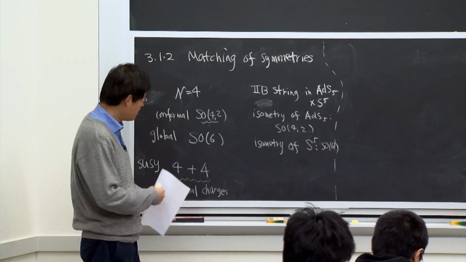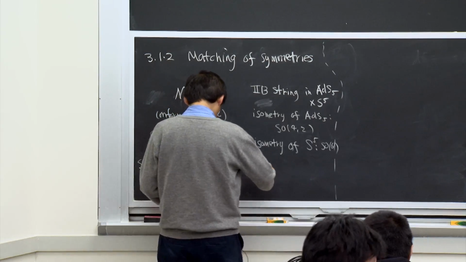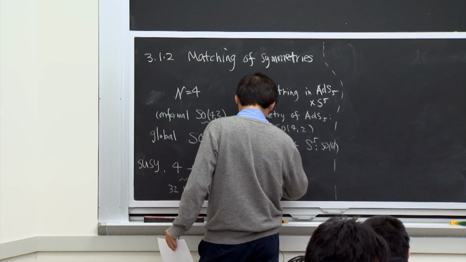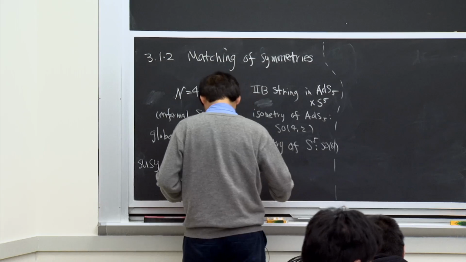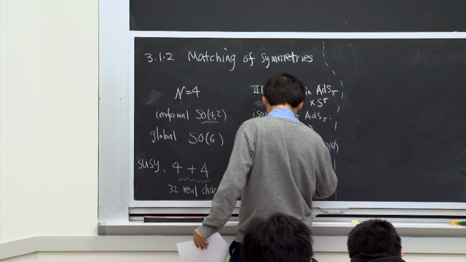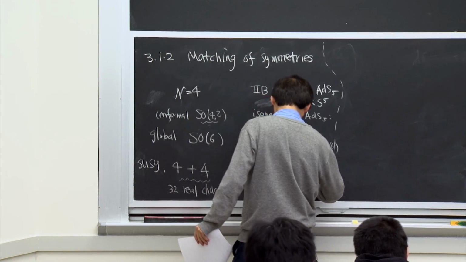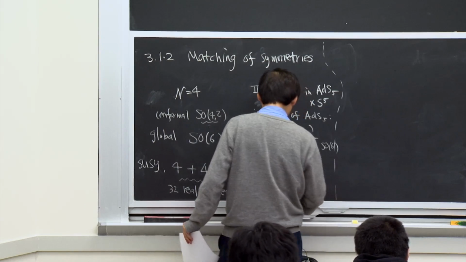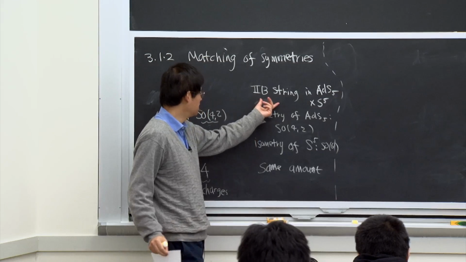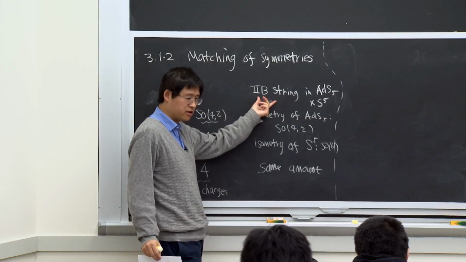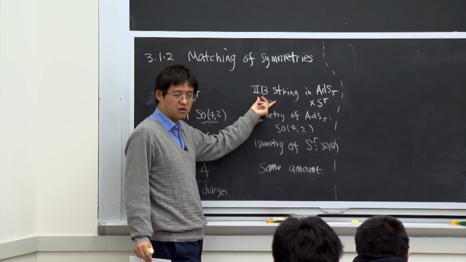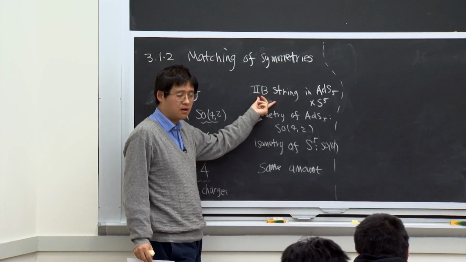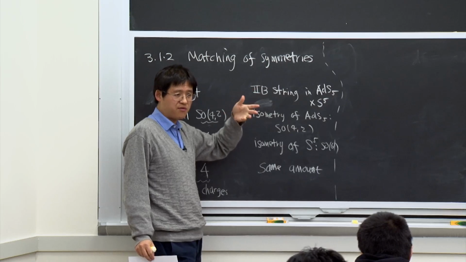So altogether you have 32 real charges. Okay? And similarly, on the other side, you find the same amount of supersymmetry. In this case, let's just talk about the low energy limit of this theory. The low energy limit, as we said before, just has to be supergravity.